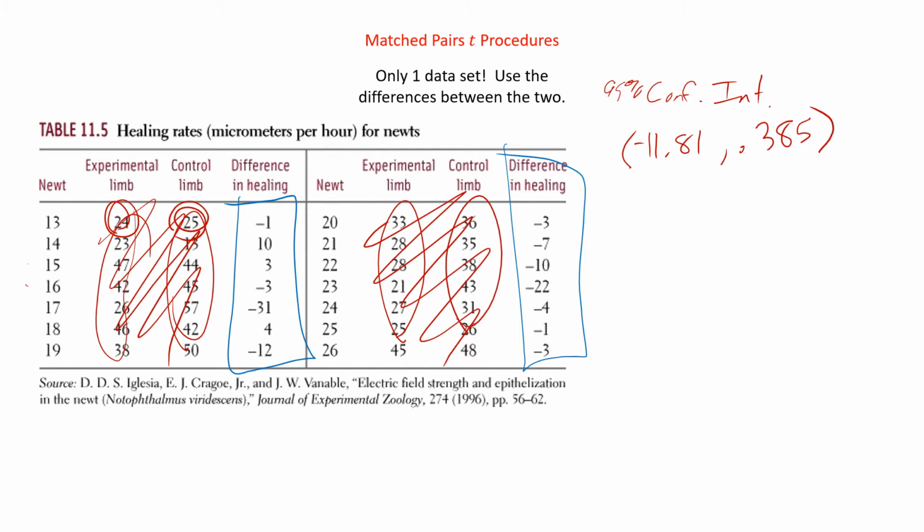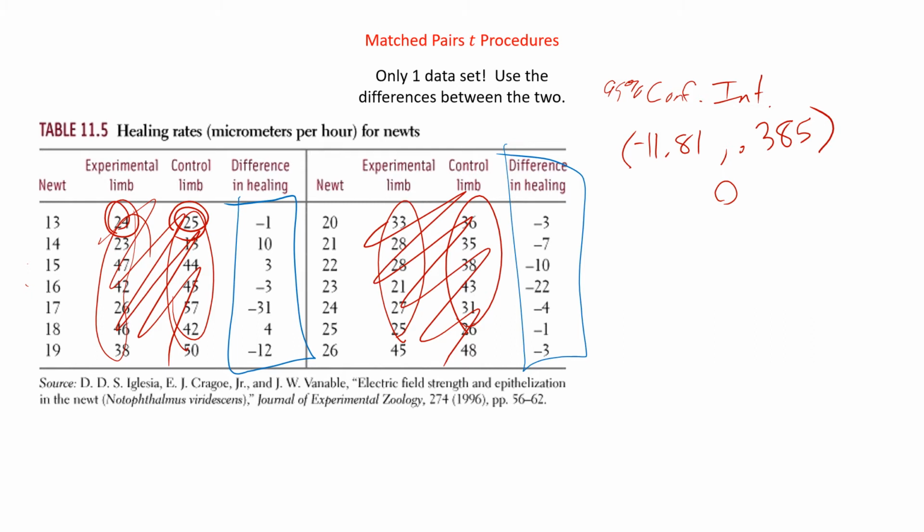If we are going to interpret this, by the way, we're looking for negative numbers because that means that the experimental limb is going to have a smaller value than the control limb, and being that for healing rates a smaller value is good, the negative 11 is good, but what I notice is inside of this interval is 0. So no difference is inside of the interval.